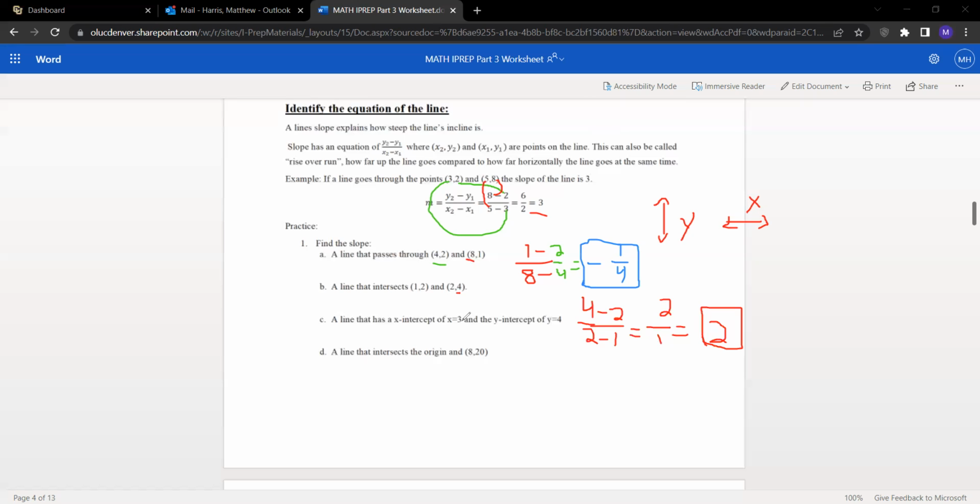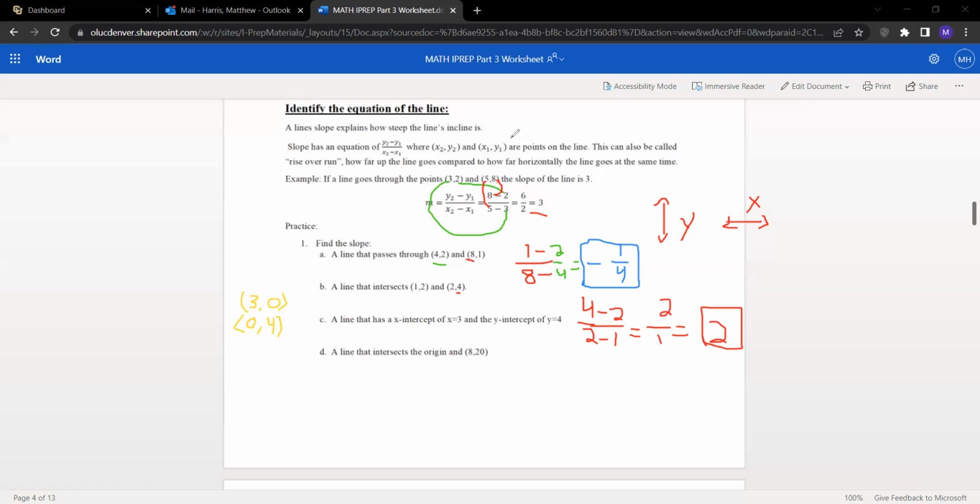We'll do 2 more. So here we have a line that has an x-intercept of x equals 3 and a y-intercept of y equals 4. So what does this tell us? If we need 2 points, we have these. If we have an x-intercept of x equals 3, it tells us we have coordinates of 3, 0. If y equals 4, then we know it's 0, 4.